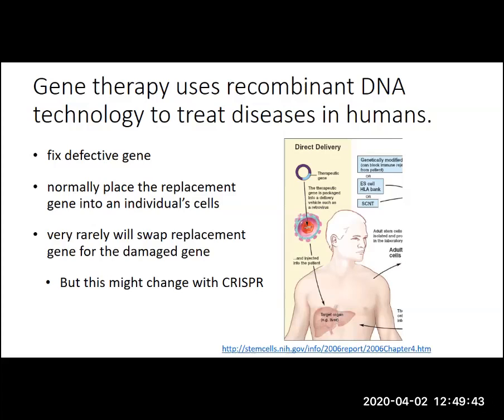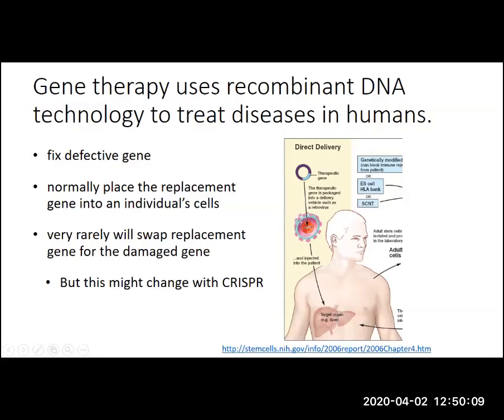As illustrated in the image on the slide, the idea is that you take some type of therapeutic gene, you put it in a vector of some type that is then going to get into the individual cells, and in doing so, normally just place a corrected copy of that defective gene.